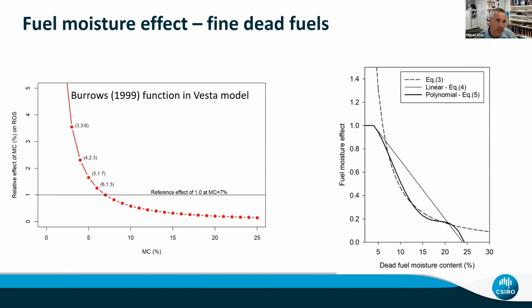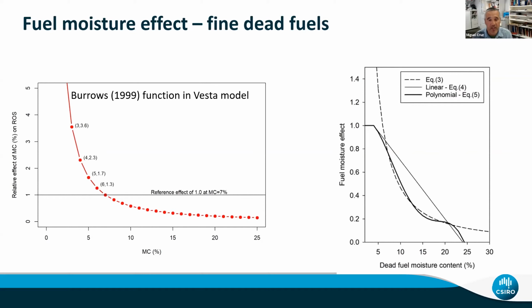But when you apply this kind of exponential decay function for fuel moisture, you don't capture that behavior, because the curve continues to suggest that fire propagation is going to occur even with very high fuel moisture contents. So from this, we try to model the effect of fuel moisture in different ways.